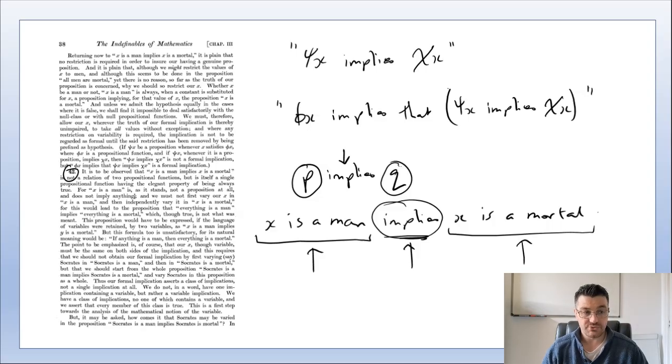So, in other words, if we do treat this formal implication as a relation between two propositional functions, these two x's would be independent, and it would be more correct to say x is a man implies y is a mortal, so that we understand they're independent variables.